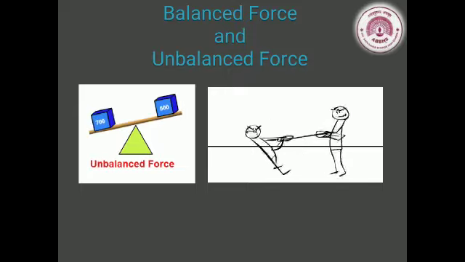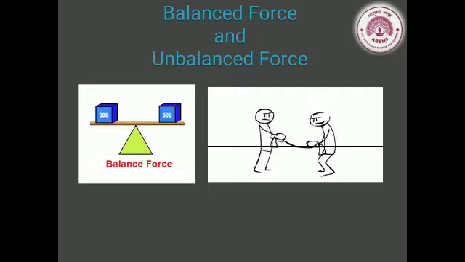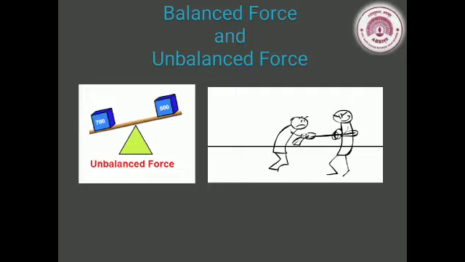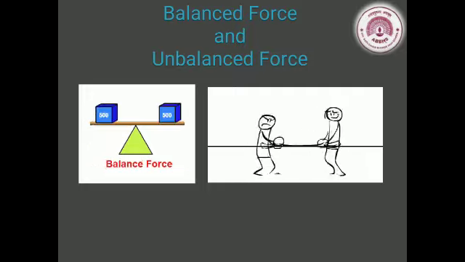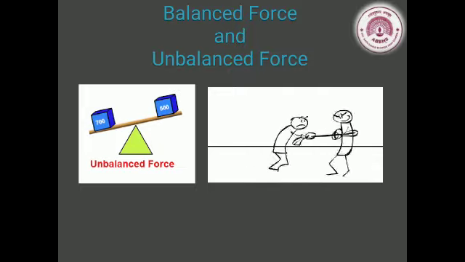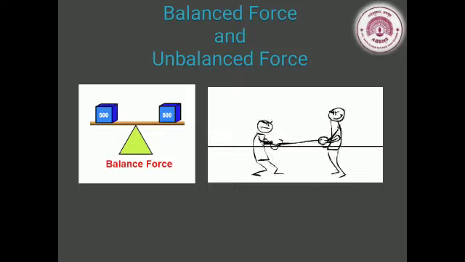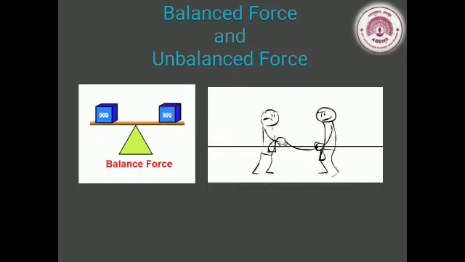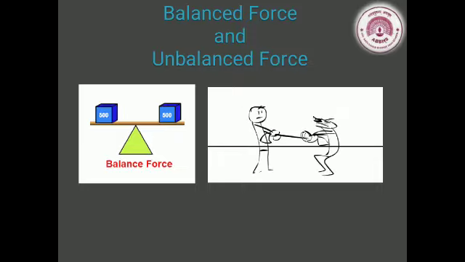On the contrary, if more mass is kept on one side, the box starts moving in the direction of the box with more mass. That is, when unequal forces are applied to the box on the two sides, an unbalanced force acts on the box, resulting in imparting motion to the box.